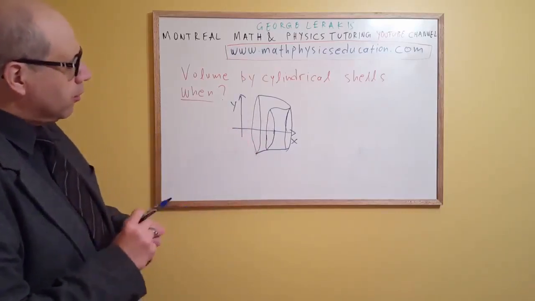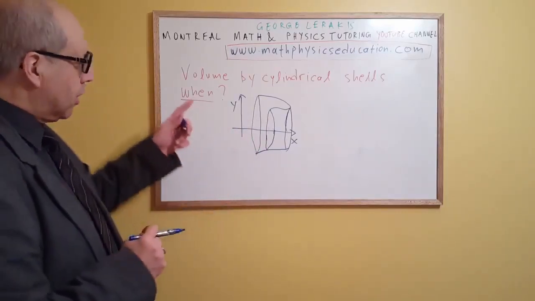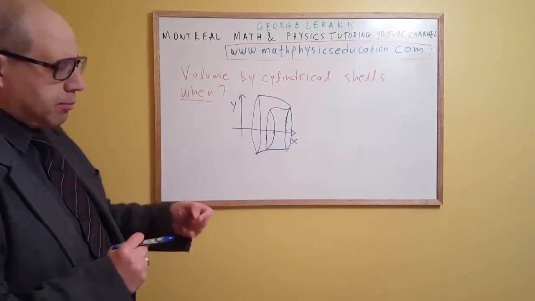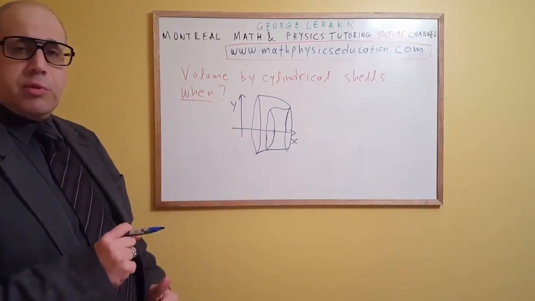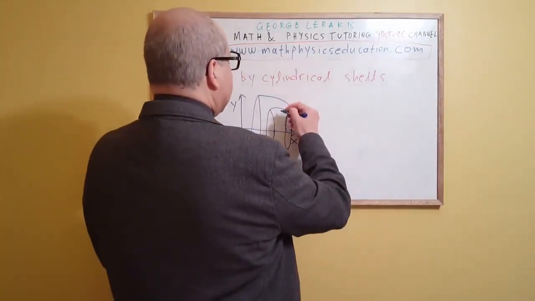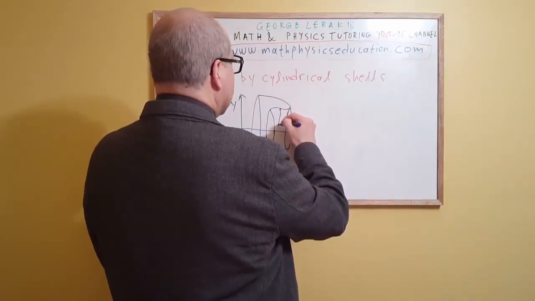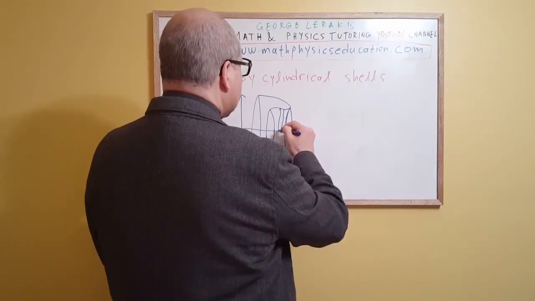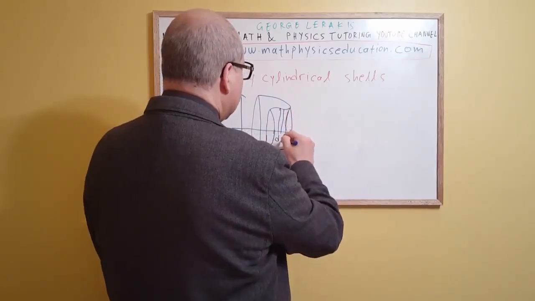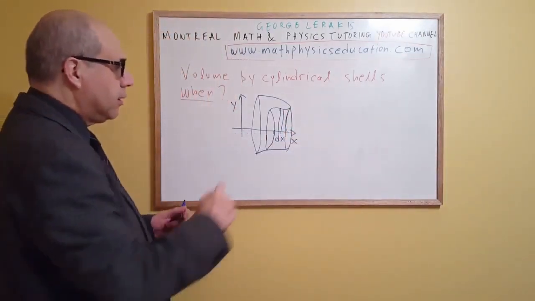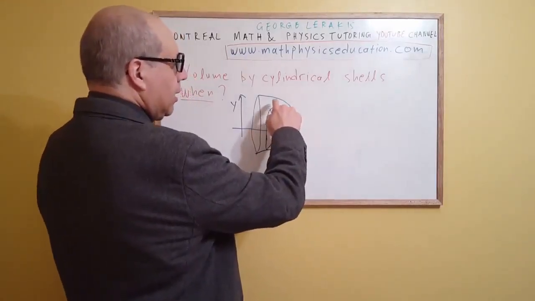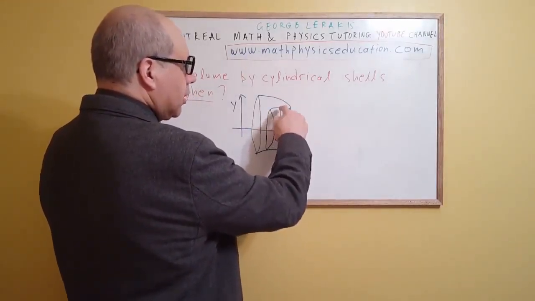But the problem is that if you try to do it using the method we just mentioned before, for this delta x here, you have two radii that you have to rotate.